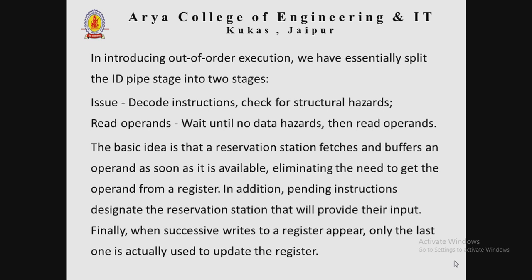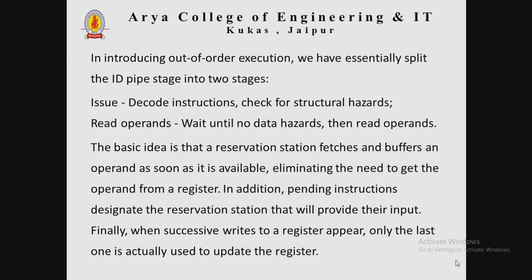So the basic idea is that a reservation station fetches and buffers an operand as soon as it is available, eliminating the need to get the operand from a register. In addition, the pending instructions designate the reservation station that will provide their input.